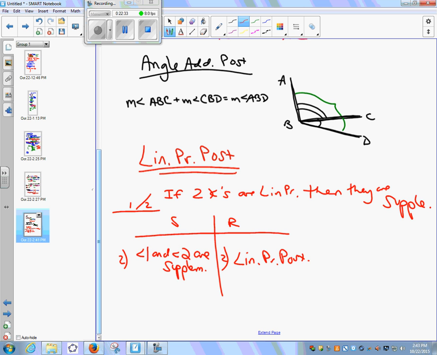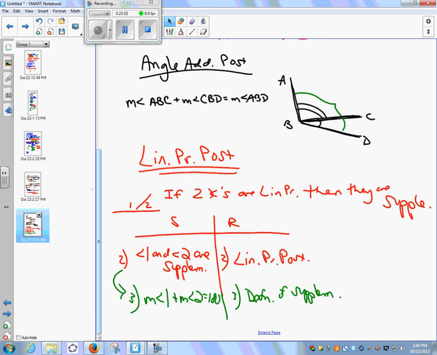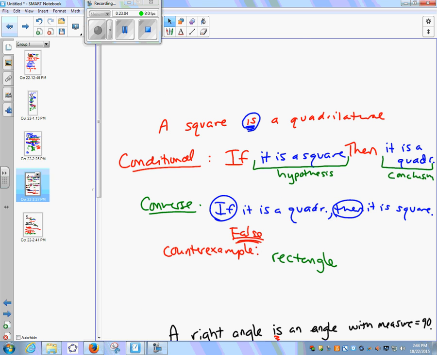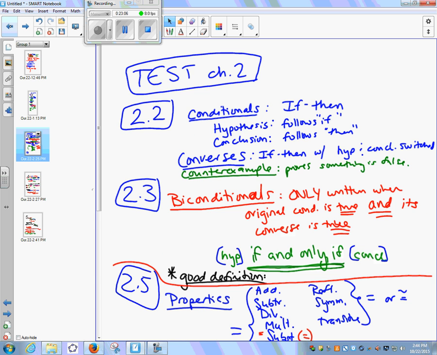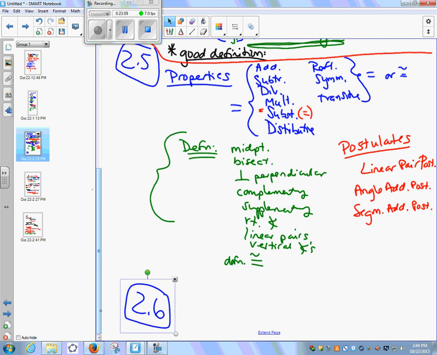The postulate does not have the number 180 in it anywhere. So it would have to be the next step that says the measure of angle 1 plus the measure of angle 2 equals 180. What would be my reason here? Thomas? Nope. Definition of supplementary. Good. All right, that was one of our common triples. If you're in 21, we talked about common triples. Okay, so those are the postulates.